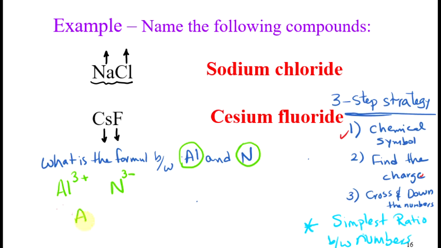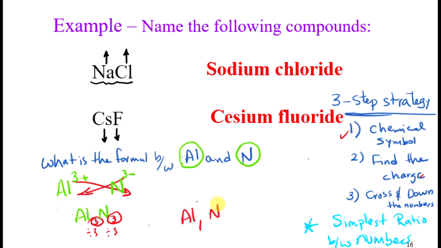We need to switch the charges: 3, 3. So here you can divide both numbers by 3 because you are going to report the simplest ratio. 3 divided by 3, 1.